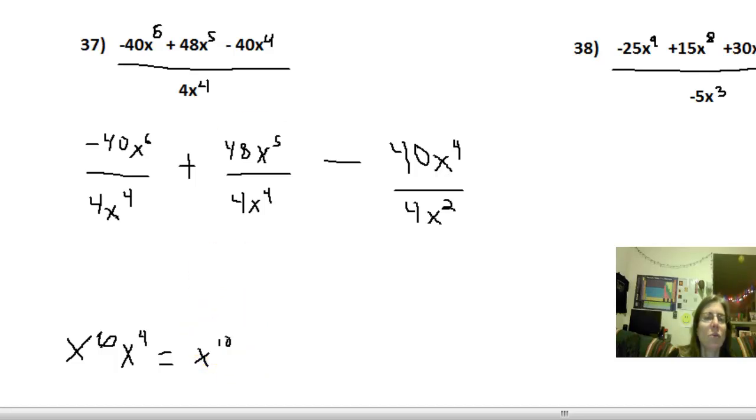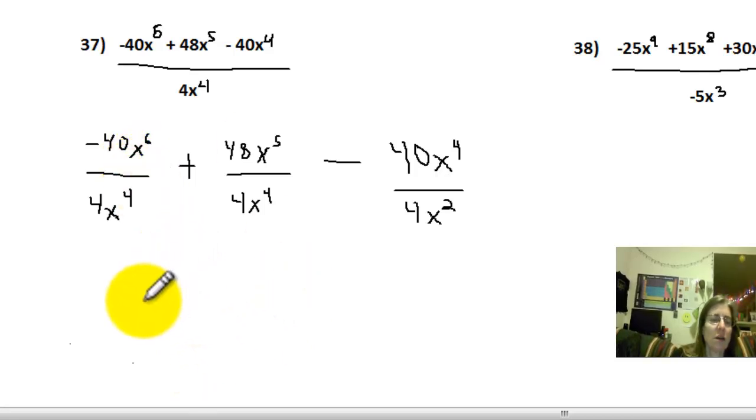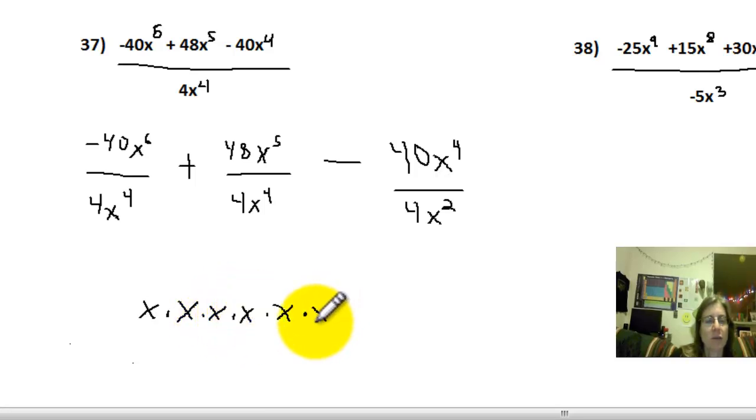Now I'm going to show you briefly why the division works the way it works. Let's take this x to the 6th and write it all the way out: x times x, so x 6 times there.